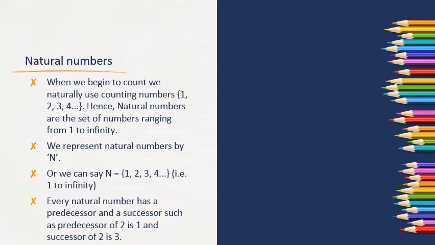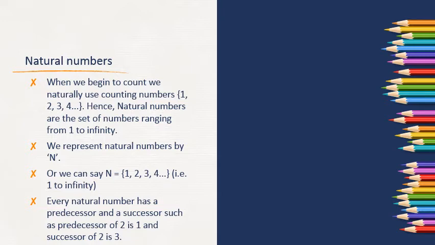So let's say if you have 5 and I ask you what is the predecessor for 5, it means 5 minus 1 equals 4. Okay, and the successor means it is plus 1. So you take your natural number and you add 1 to it. So let's say you have 2.